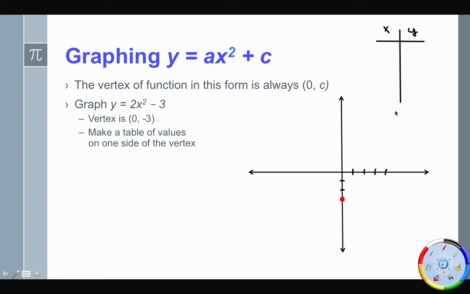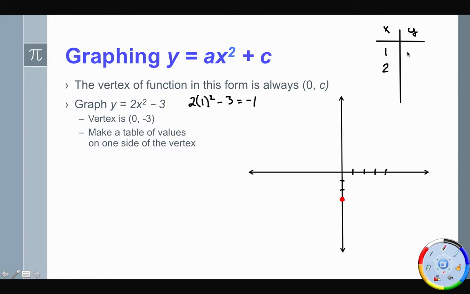So we're not going to do 4 either. We're just going to do 2, I think. So we're going to do x is 1 and when x is 2. If I substitute x equals 1 into my equation, I get 2 times 1 squared minus 3. 2 times 1 squared is just 2. Minus 3 is -1.